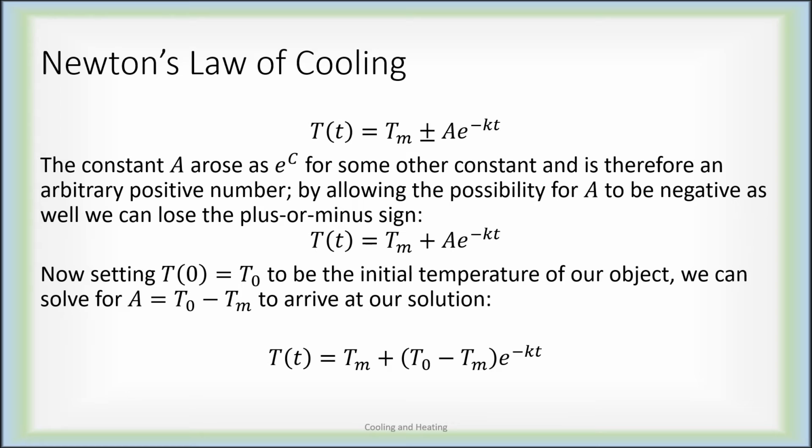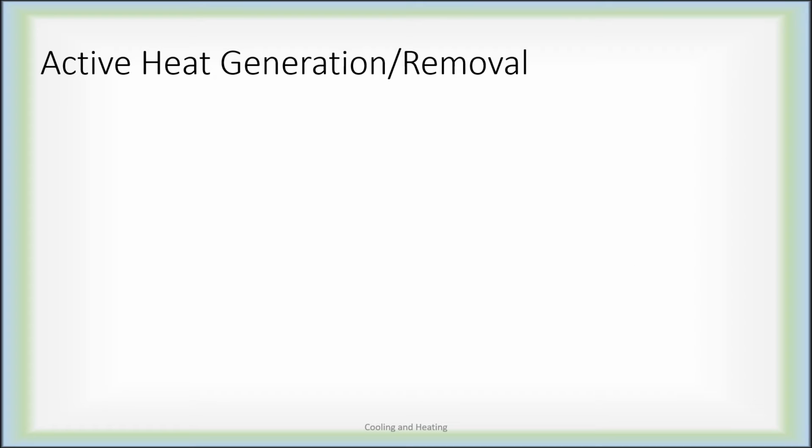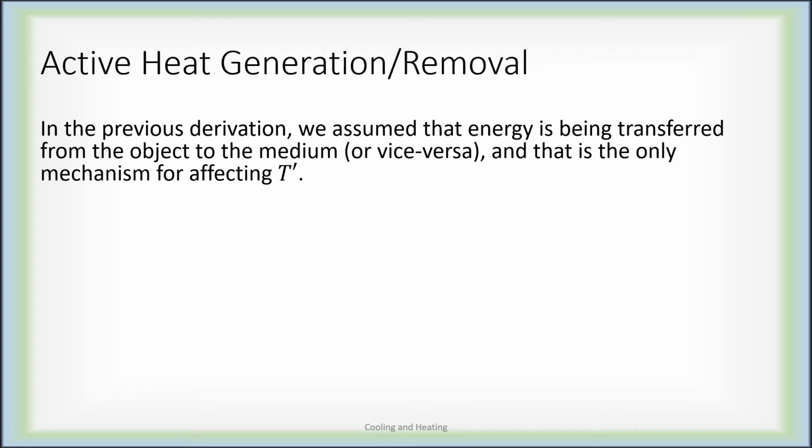And here is the formula that many of us are used to working with from our pre-calculus classes for Newton's law of cooling. But what about a system where heat is actively being generated or removed? In our previous derivation of Newton's law, the only energy transfer that's happening is passive, so to speak. Our object is placed into a medium, and the temperature change reflects a flow of energy from the object to the medium or vice versa.